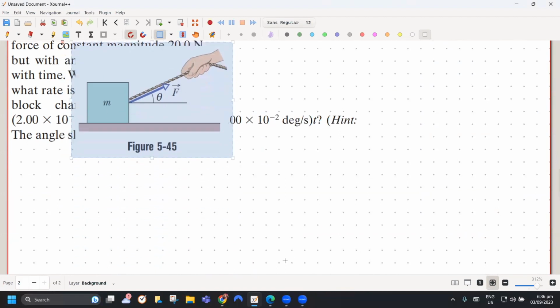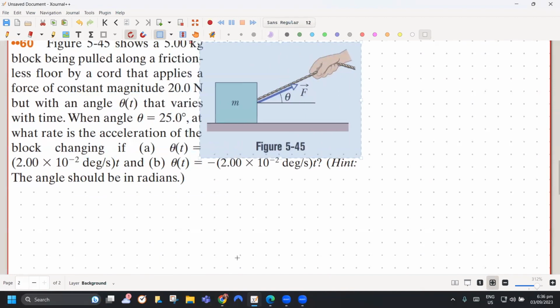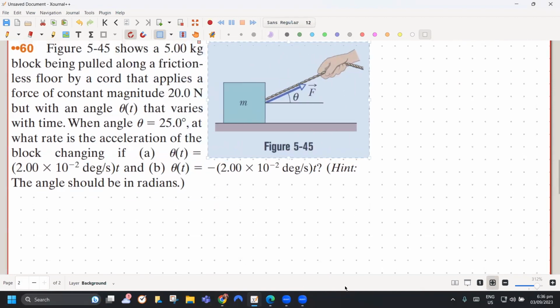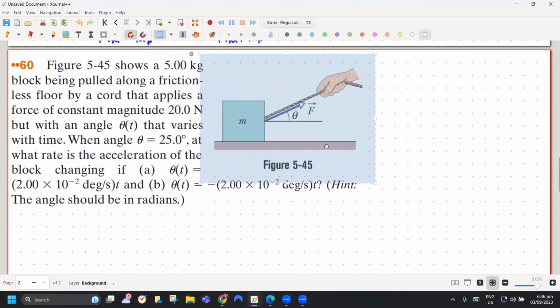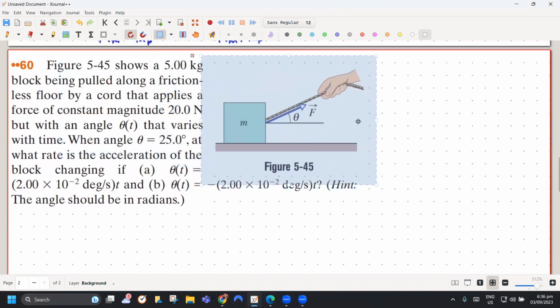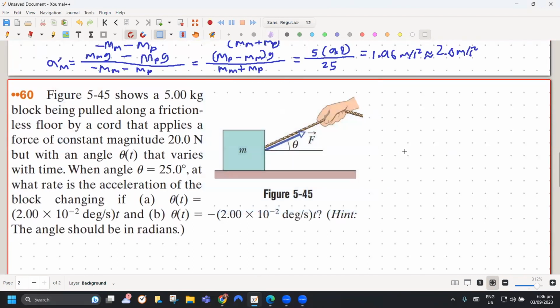Okay, so a ghostly hand pulled the block at a different angle. So body diagram.